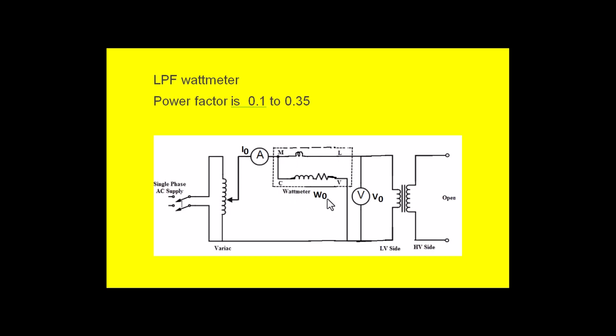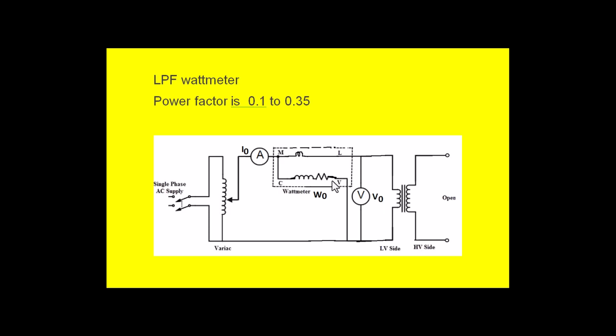W0 indicates the core loss of the transformer, but we neglect the copper loss of the transformer because the no load current is only less than 5% of the rated current of the transformer, and that low current flowing through the primary winding means automatically the copper loss in that will be neglected.